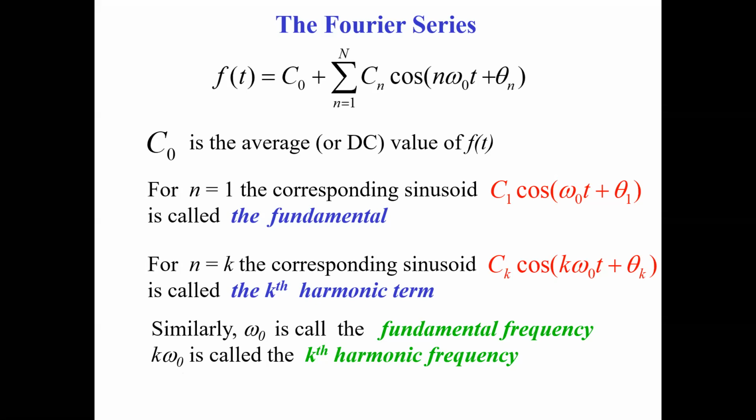That is another basic concept, the fundamental and the harmonic term. If we add more, those will be the first harmonic, second harmonic, third harmonic, fourth harmonic, and so on. If we add the harmonic terms together, we get the main or original equation.